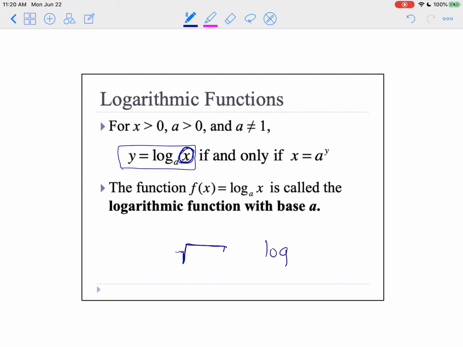Inside a log is in this area right here. Okay? And just like with the square root symbol, this didn't probably mean a lot to you the first time you learned about it and you had to wrap your brain around it. The same thing's going to happen here. You just have to practice. Practicing using this notation is what's going to help you learn it.